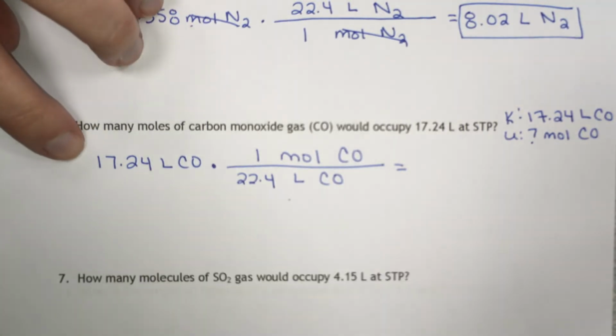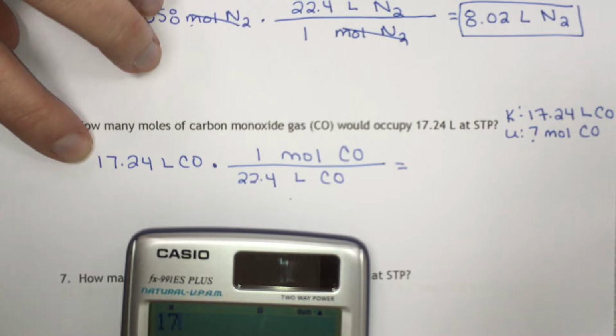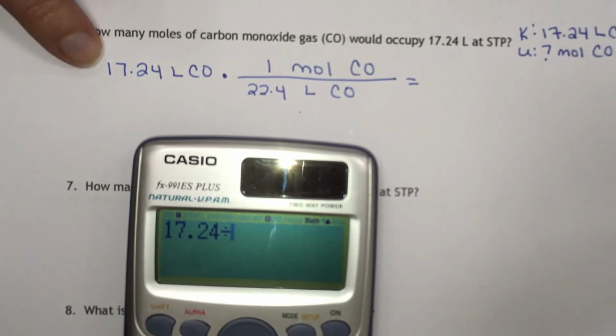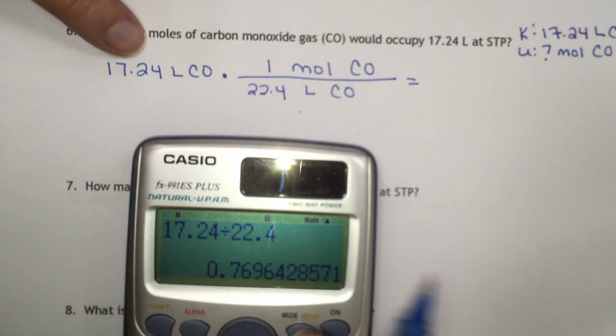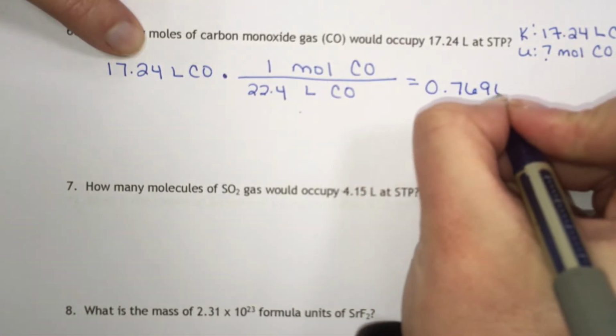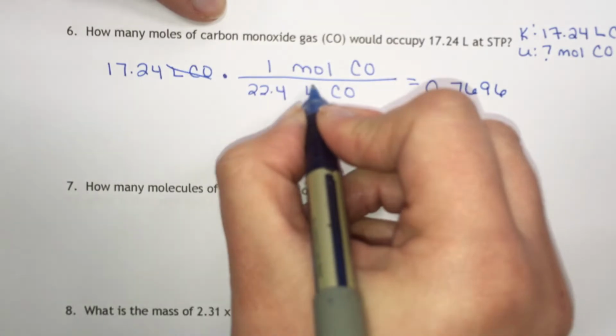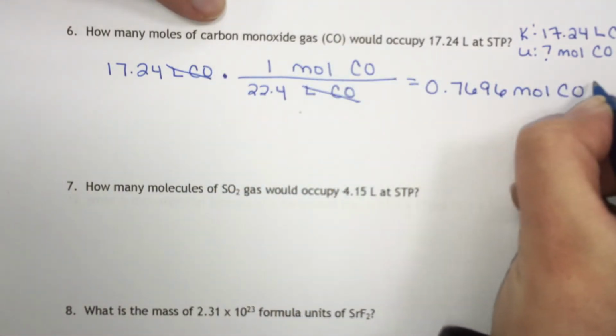All right, so we have 17.24 divided by, and you can't see this, I'm sorry, divided by 22.4. And that equals, with our correct significant figures, 0.7696. These units cancel. We are left with moles of carbon monoxide.